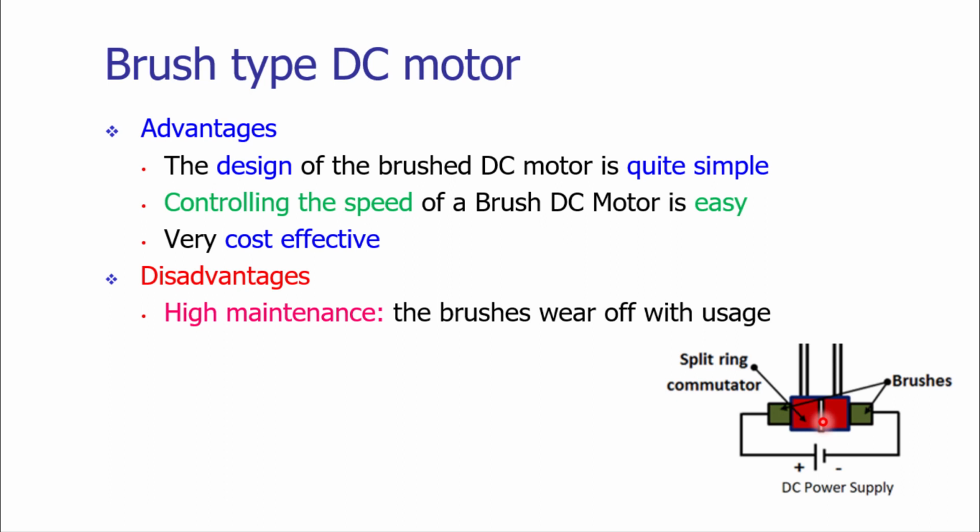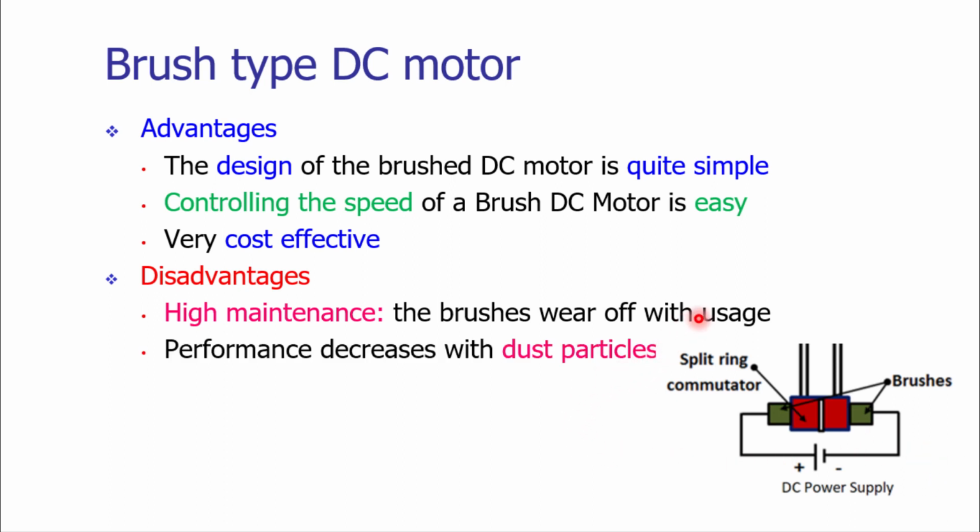When the brushes are moving in relation with the split ring commutator, there is arcing, there is friction, and due to this friction and arcing, the brushes are getting worn out with continuous usage, and that may lead to the problem of sound, noise, and the malfunctioning of the DC motor. Sometimes there will be breakdown of the DC motor as well.